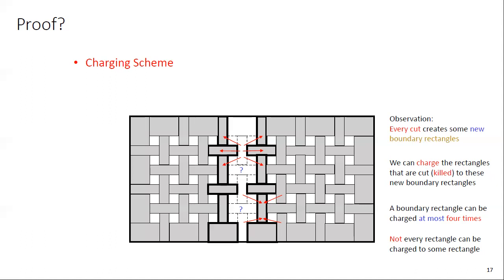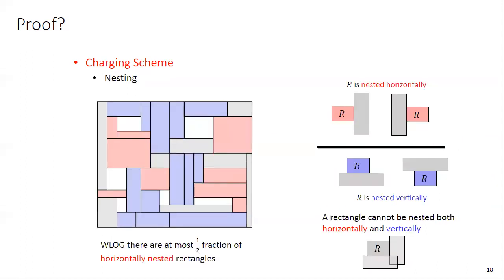Then all these rectangles would like to charge this one. So that's a problem. We cannot do this charging process for all the rectangles. So we need to differentiate different types of groups, the ones that we will be able to charge and the ones that we cannot.